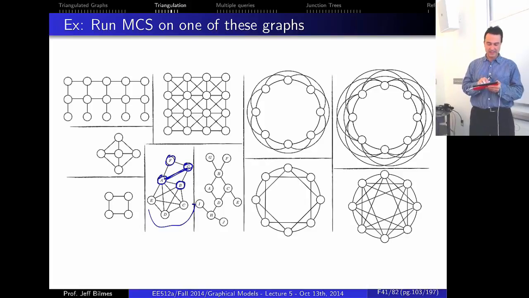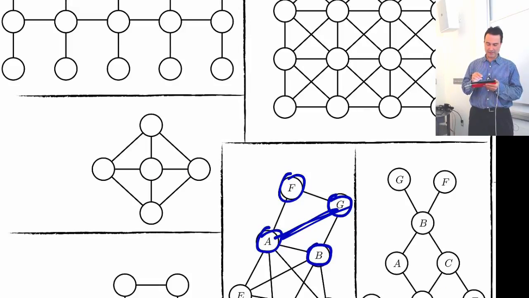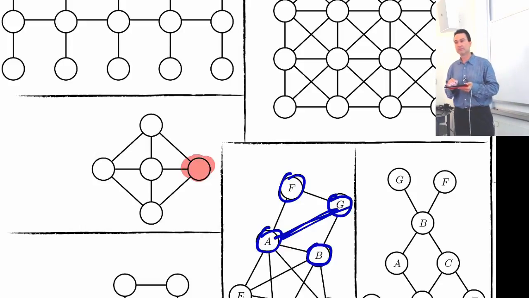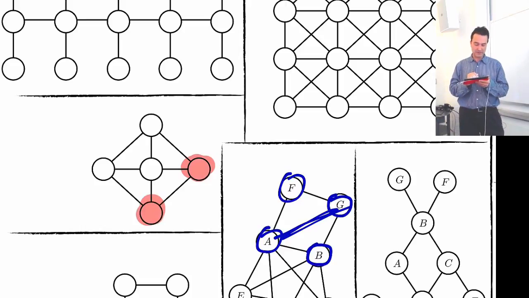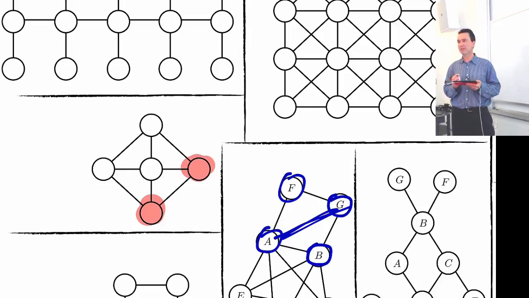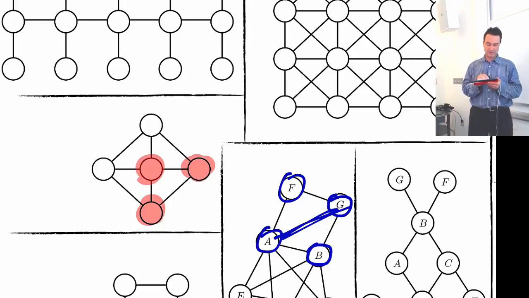But you can see that in this graph here, let's just do this one. So we choose this node here. Okay, and we can choose any of these 3 next, right? So which one do you want to choose? Bottom. So this one, is its previously labeled set of neighbors complete? Yes. So which one must we choose next? The middle.